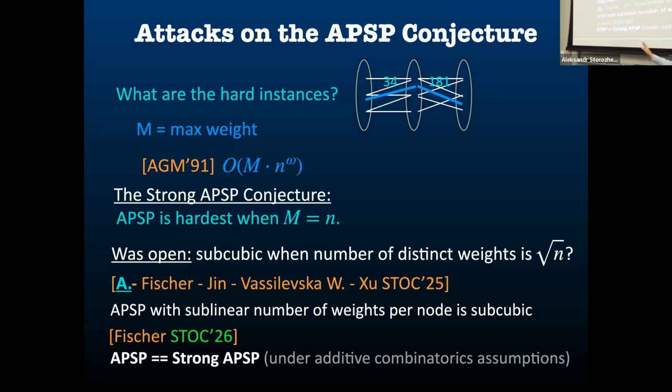It says that this conjecture that people were introducing and using, the strong one, is the same as the APSP conjecture. So it unifies two conjectures, but it also explains what the hard instances are: the weights are 1 to n. There's more to understand about them, but at least the very first thing you might ask, now we know. You can focus on the weights in 1 to n.